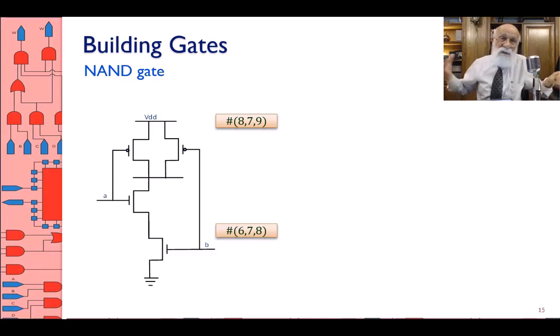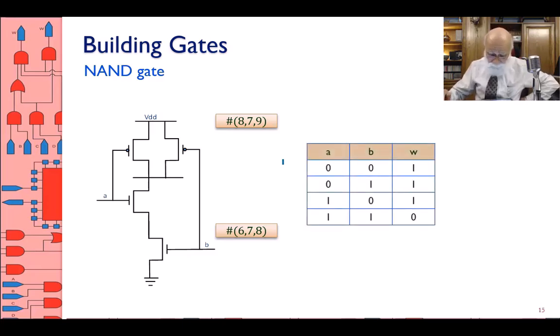I say, well, now that I could put one pull up, one pull down together and come up with an inverter, which was pretty good, why not put two transistors at the lower side, which is the pull down, two transistors for the pull up. And so what we are doing now is we are trying to analyze this.